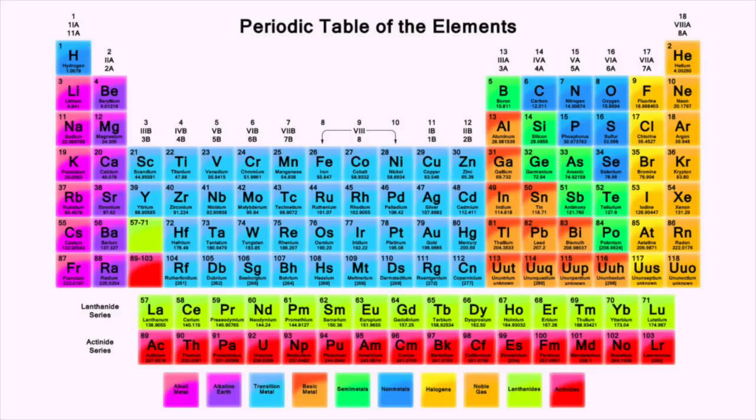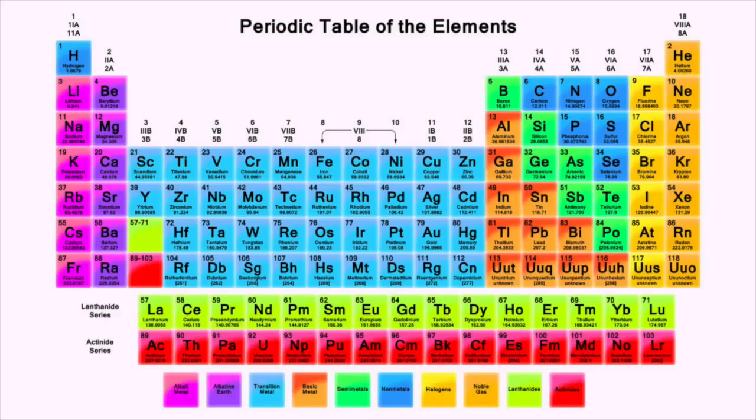Atomic number comes from the number of protons that are in the nucleus of the atom. This is much more stable to count across the periodic table instead of atomic masses. Atomic masses tend to change depending upon the isotope. So we use atomic number rather than atomic mass.